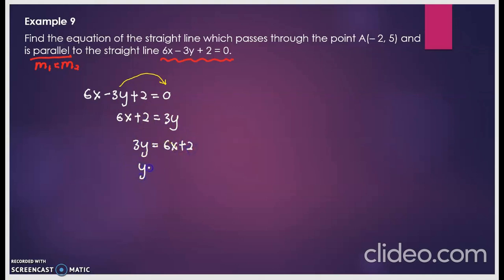So y will be 6x plus 2 over 3, or I can separate into 6x over 3 plus 2 over 3. Or I can write in the form of y is equal to 2x plus 2 over 3, which means that our m will be equal to 2.